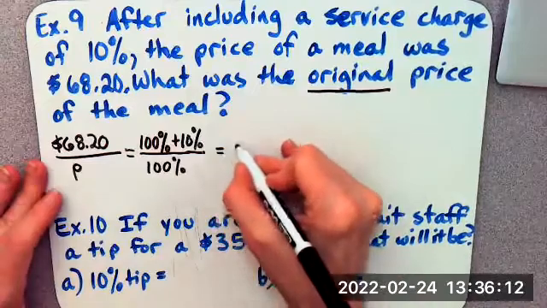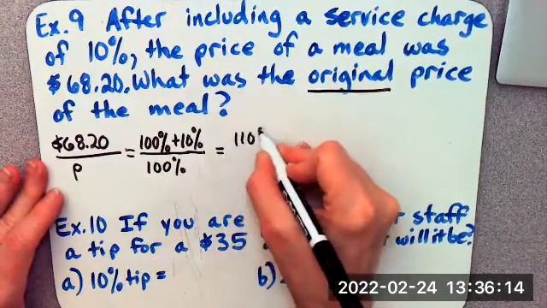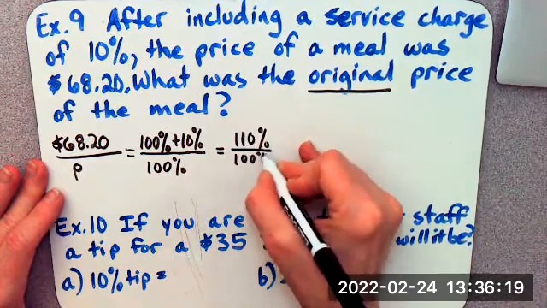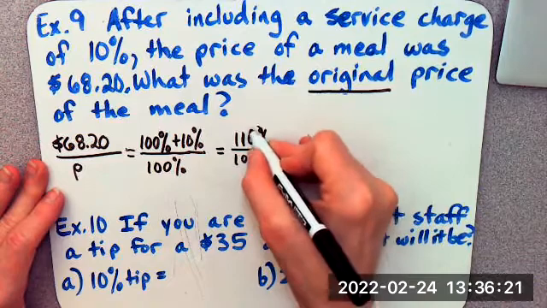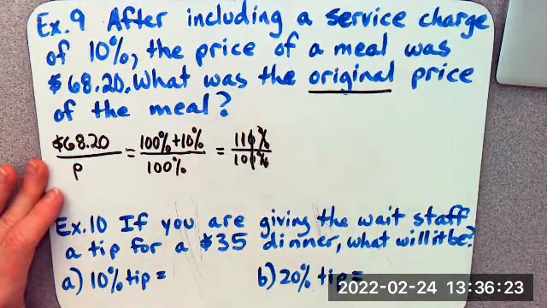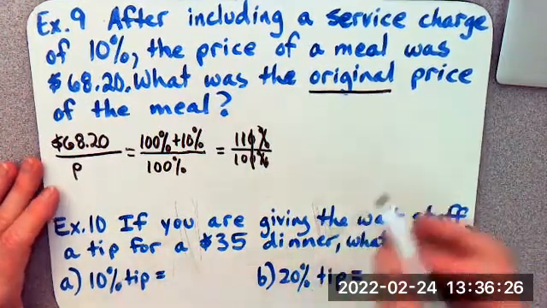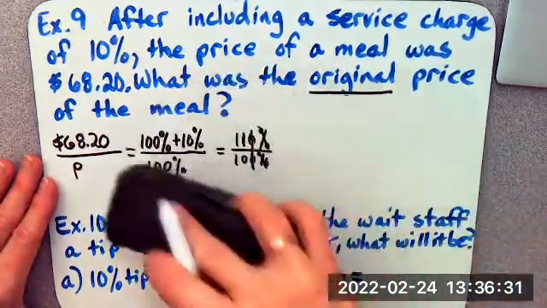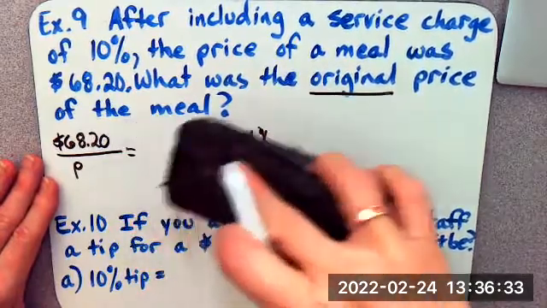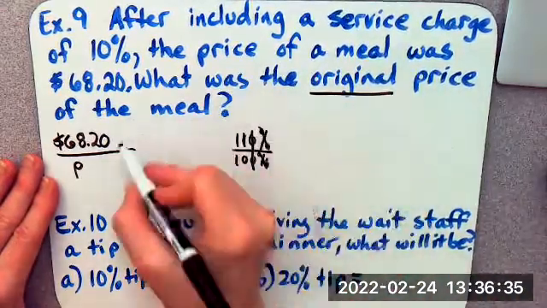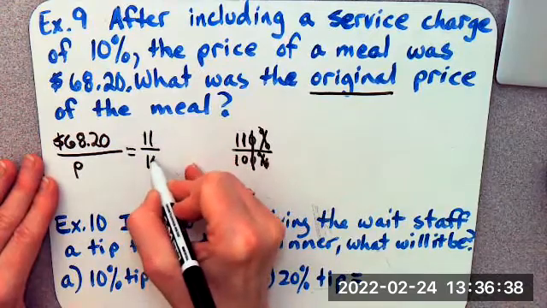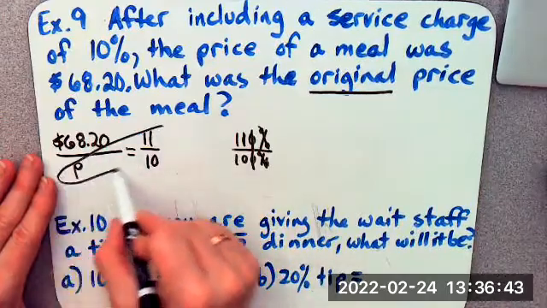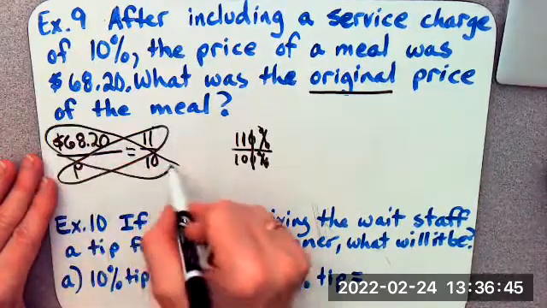Okay, so this is going to be 110% over 100%. So that cancels. We can take a 0 out here, and then we will cross cancel. So let me go ahead and rewrite this so we can do some cross canceling. So that gives me 11 over 10. Okay, so we have this, we have that.